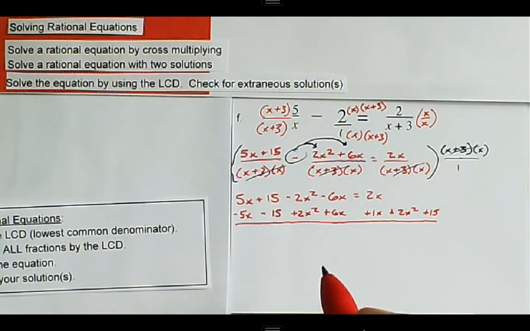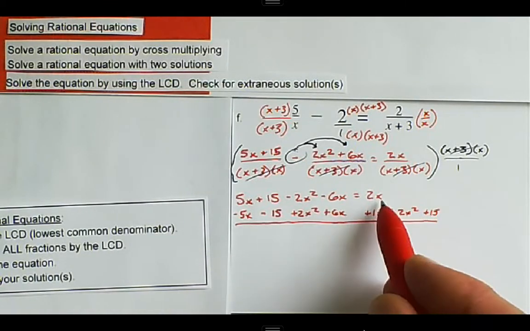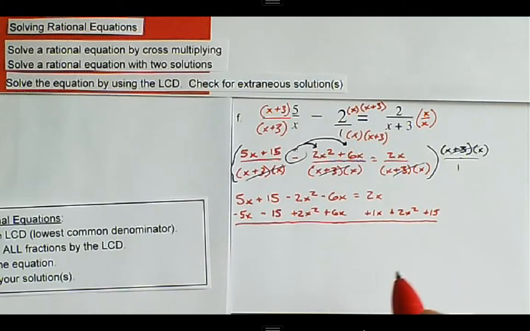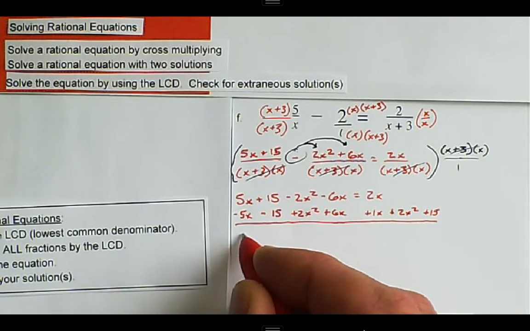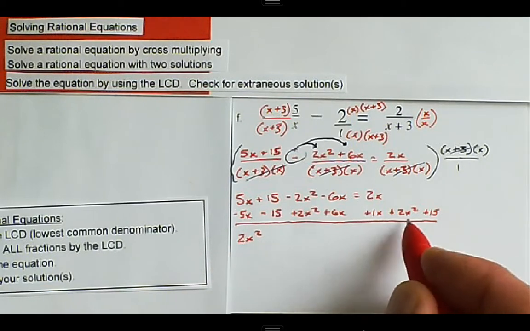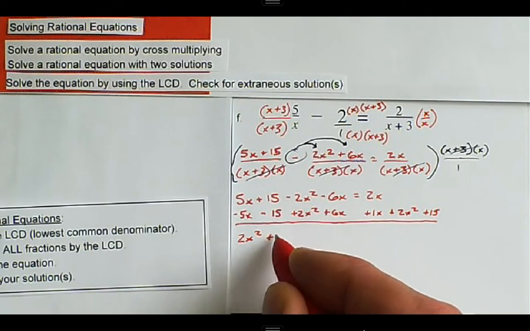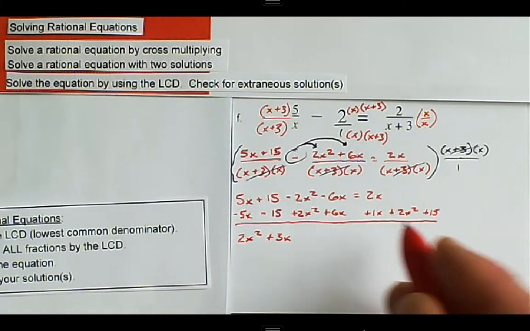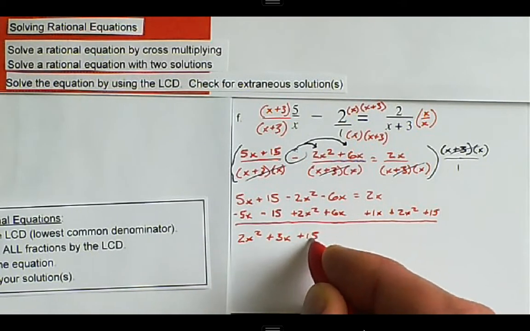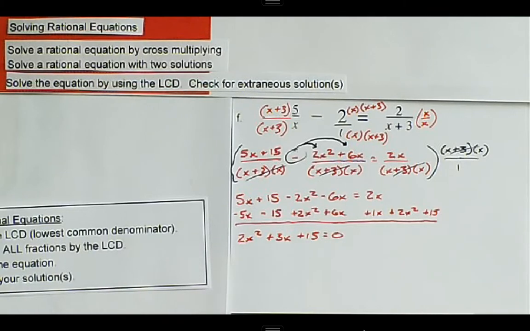And what we're going to be left with, I'm going to take this side and write it over here, largest degree first. So we're going to get 2x squared plus 3x plus 15, and that's equal to 0. This is not factorable.